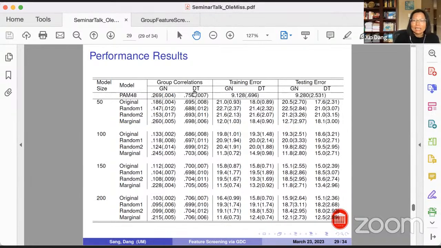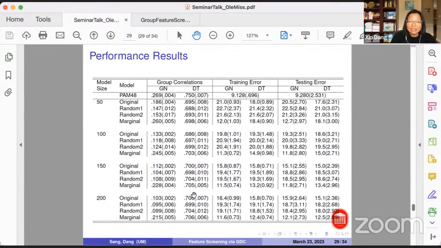And this is the distance correlation and standard deviation, and it outputs the correlation with the highest among the groups. If you look at those numbers, your PAN 48 has the highest GD correlation, and for the distance correlation, PAN 48 also has the highest correlation.